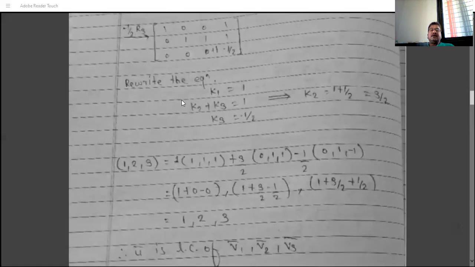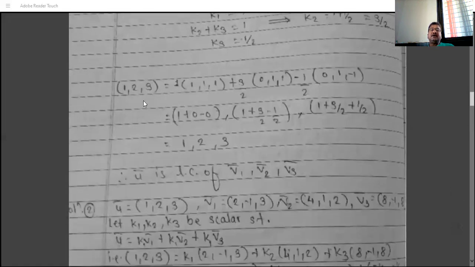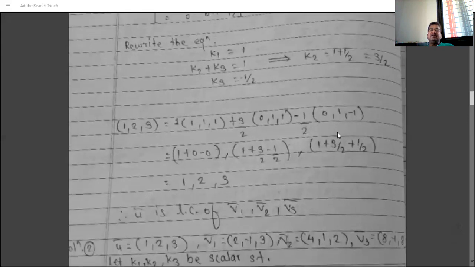If you consider this whole matrix, it is the echelon form of the matrix AB, and it again contains three non-zero rows, so the rank of AB is also 3. So in this case the system is consistent, meaning we have at least one value of K1, K2, K3, and therefore we say the vector is a linear combination of the remaining vectors.